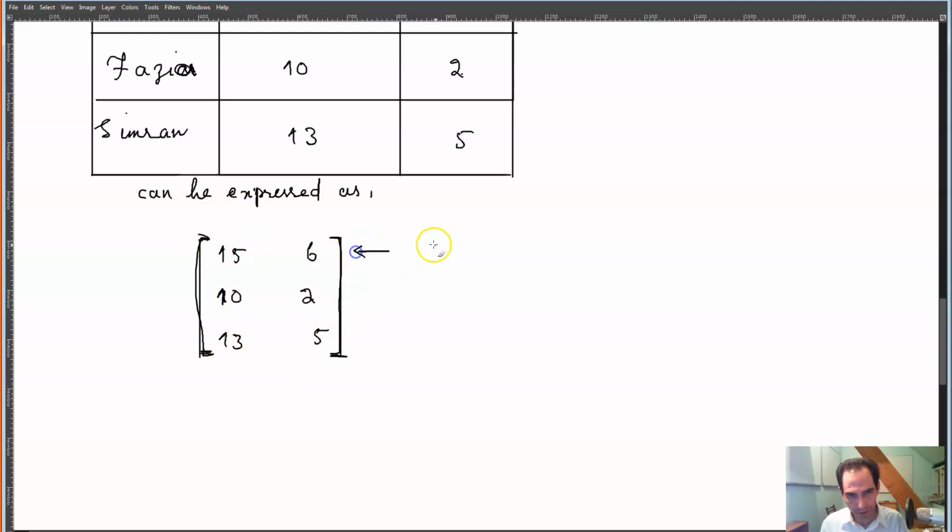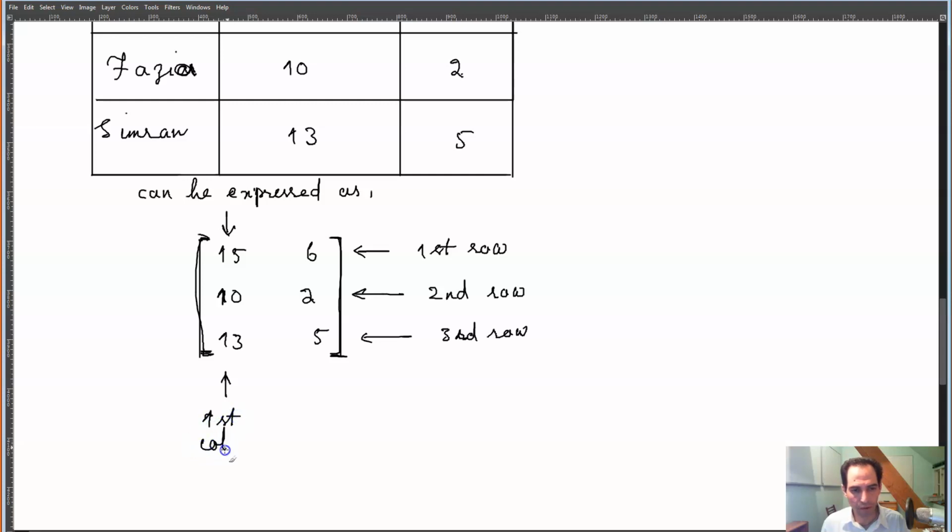You can say that this is the first row, this is the second row, and this is the third row. And then from the left, over here you have the first column, and over here you have the second column, right?